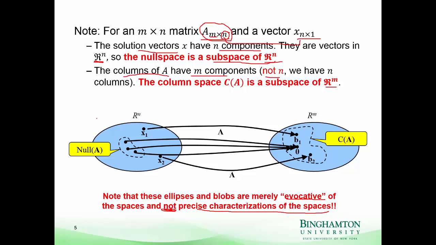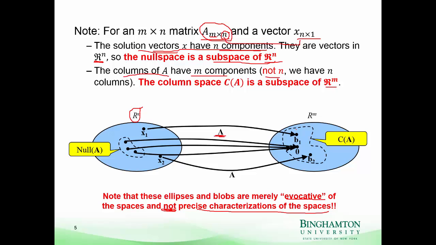But we've got some space Rn, so that's the space where the x's live, right? So solution vector x has n components. So we can pick any x over here and, quote-unquote, map it with the matrix A over into some vector in Rm. And the question is, what vectors could we end up with?